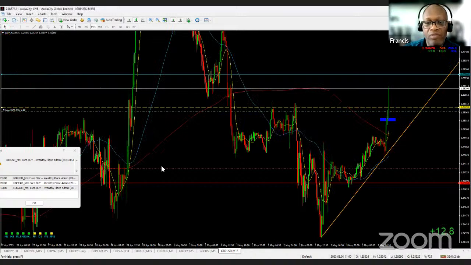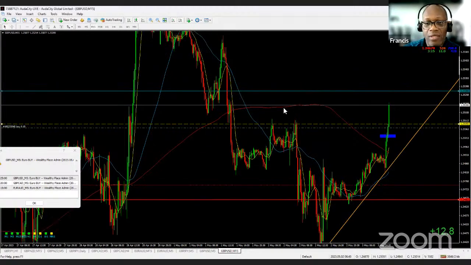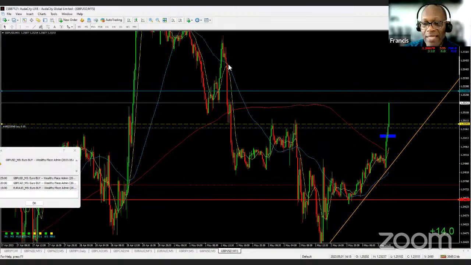Now, if we check this, that's basically where I am targeting, at least. Let me change this color here.